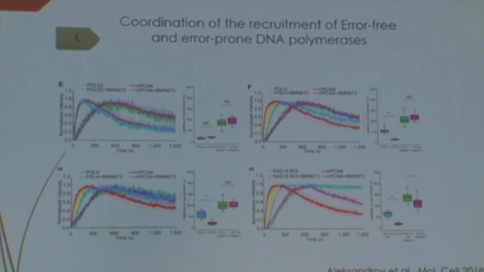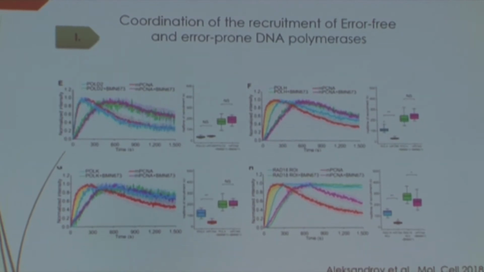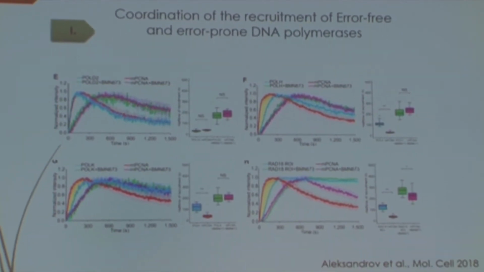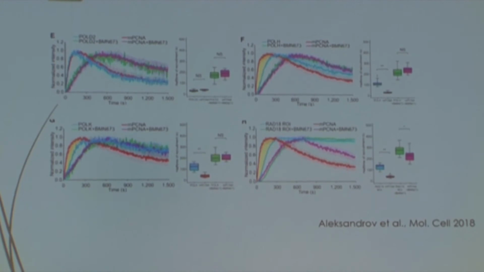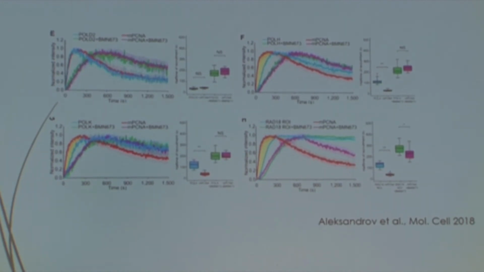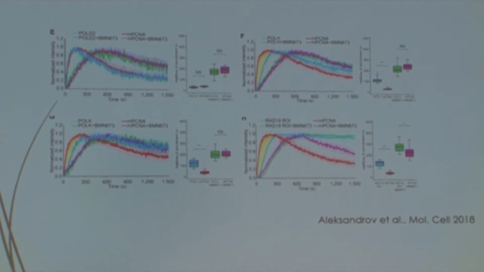To study this more precisely, we use cells which simultaneously express PCNA labeled with cherry and a given DNA polymerase. In this case, we can measure that the translesion synthesis polymerases are recruited 60 seconds later than the other ones.